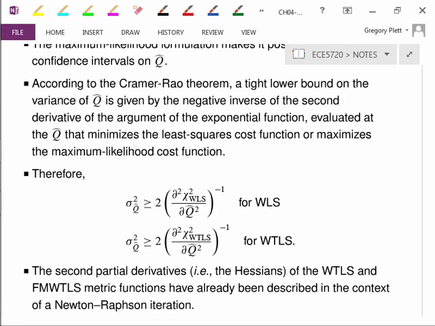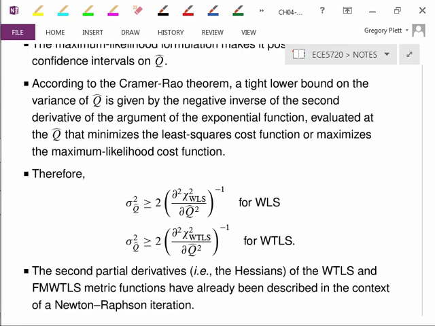The number that it gives us is based on the inverse of the second derivative of the guts, the argument of the exponential function. So the exponential function, what is that? Well, it's minus a half times the cost functions that we had already.